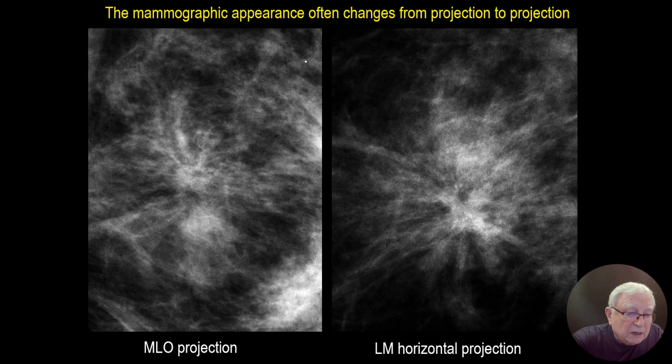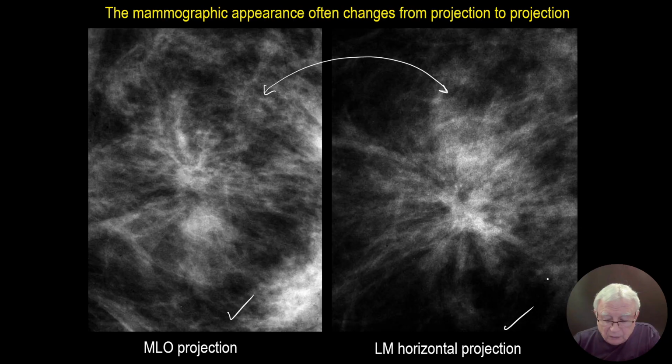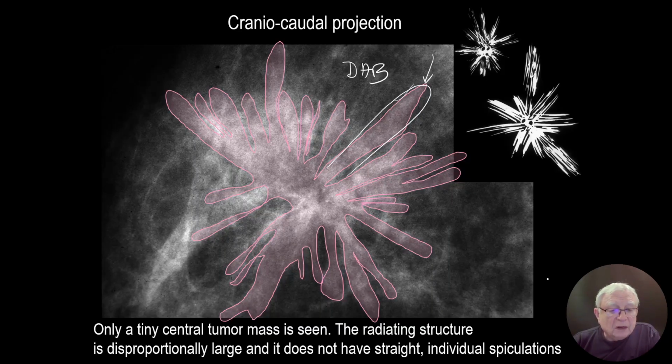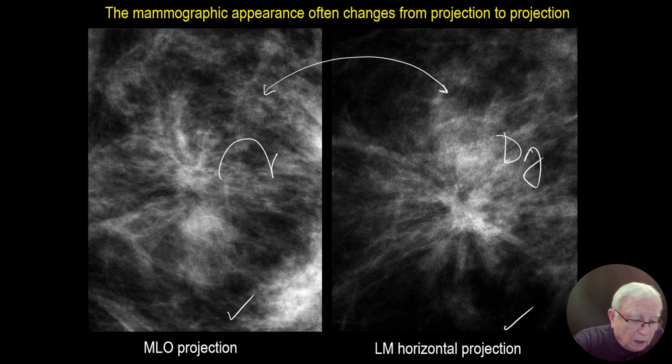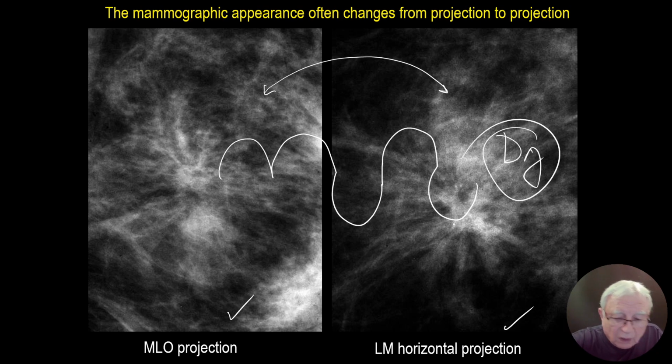What is important is that it changes its appearance from projection to projection. This is the CC projection, this is a lateral medial horizontal. These are all tricks of the trade. We are building up the diagnosis. One idea, another idea, and you arrive at a diagnosis.